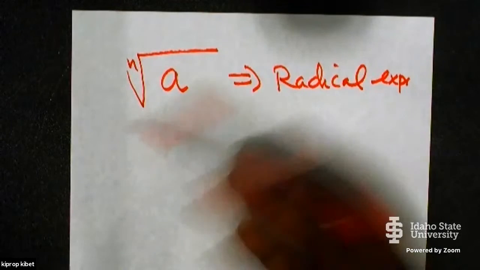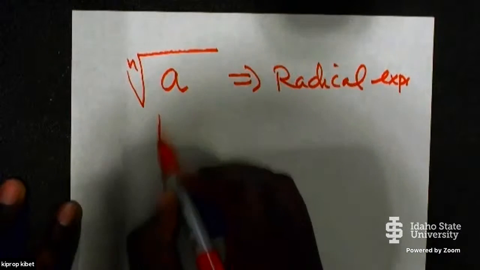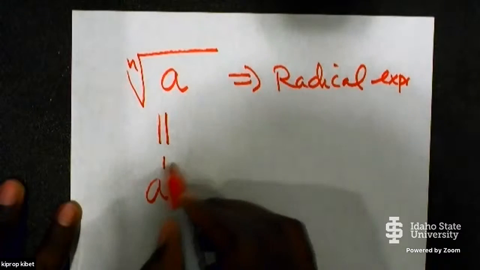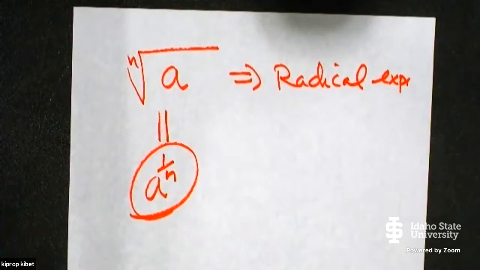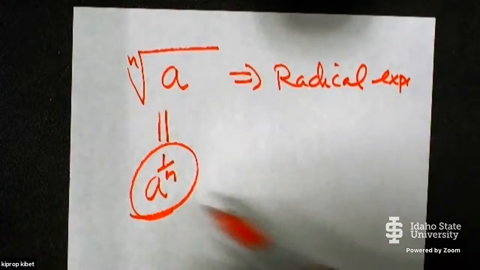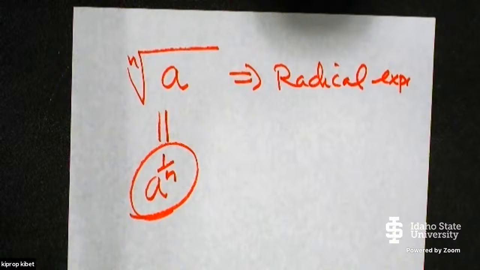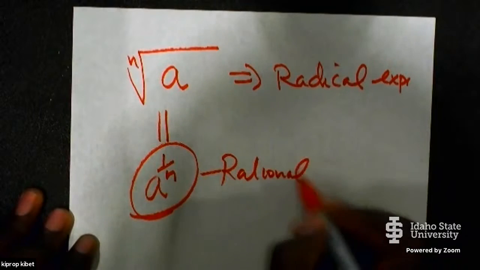So how will you write that? In terms of rational exponent form, this is the same as a raised to 1 over n. So this is in radical form, then this is in rational exponent form.